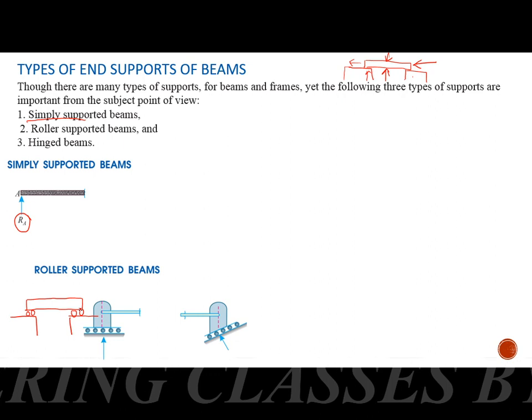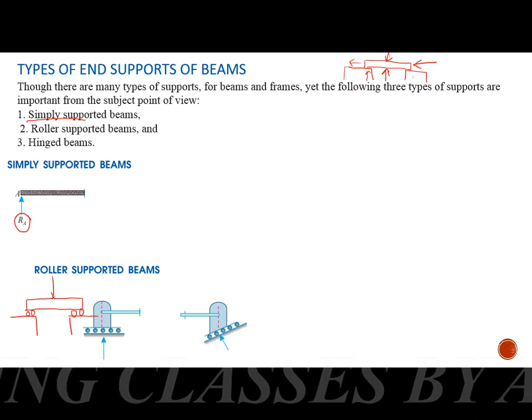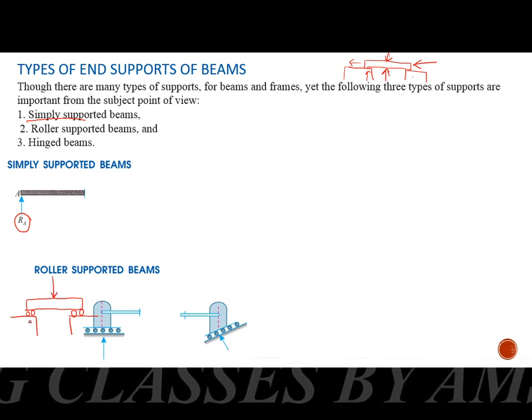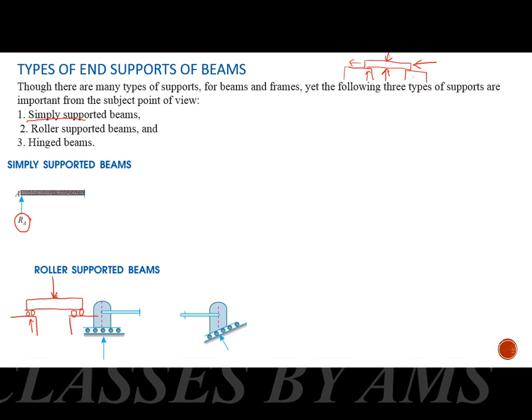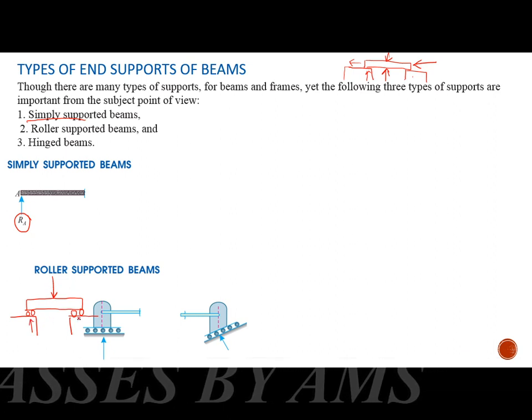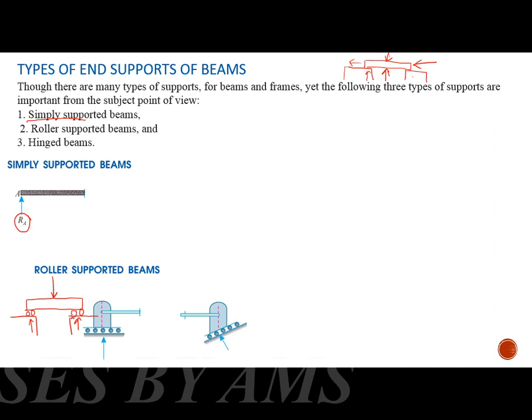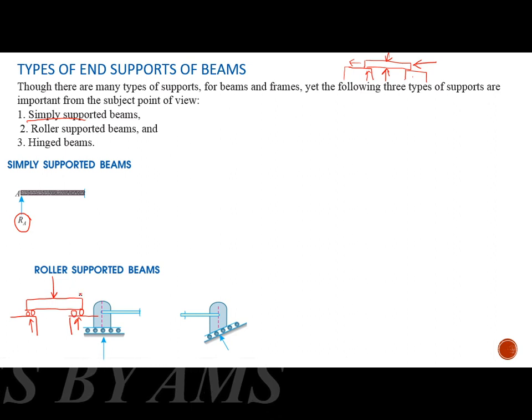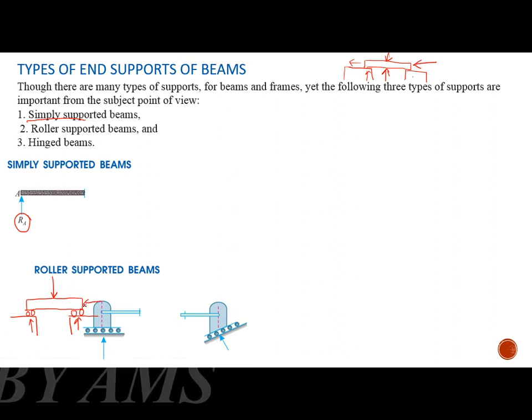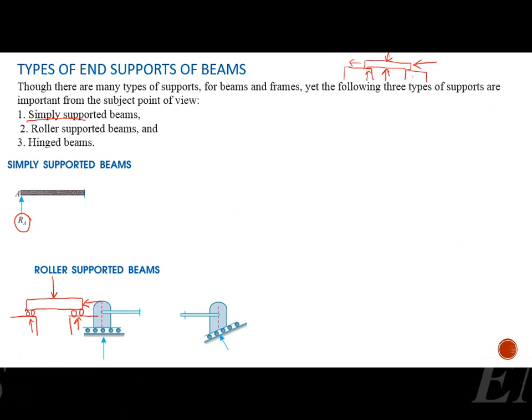So again I am applying the downward load. What will happen? For the downward load, the wall will offer an upward reaction. Suppose I have applied a horizontal load, it will freely move along the wall. Suppose I apply an upward load, what will happen? The beam will move upward.